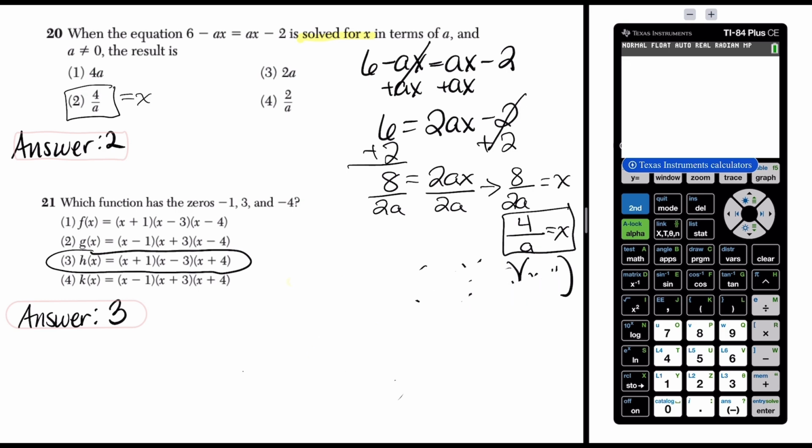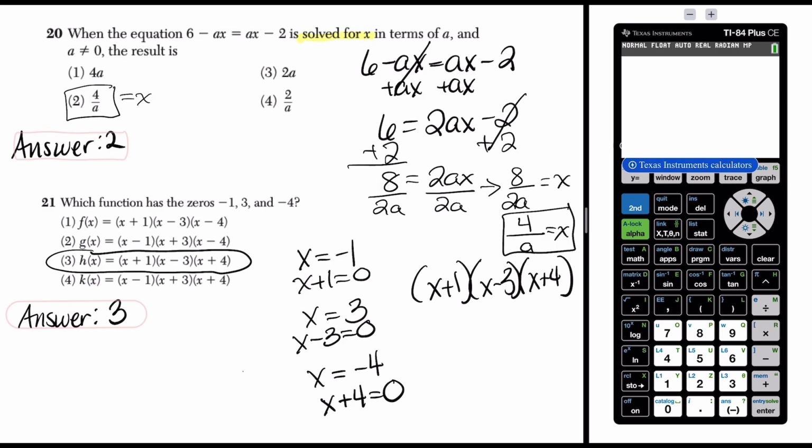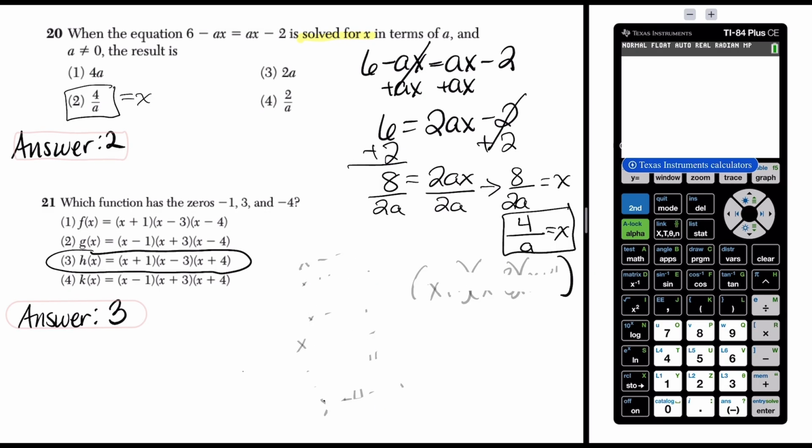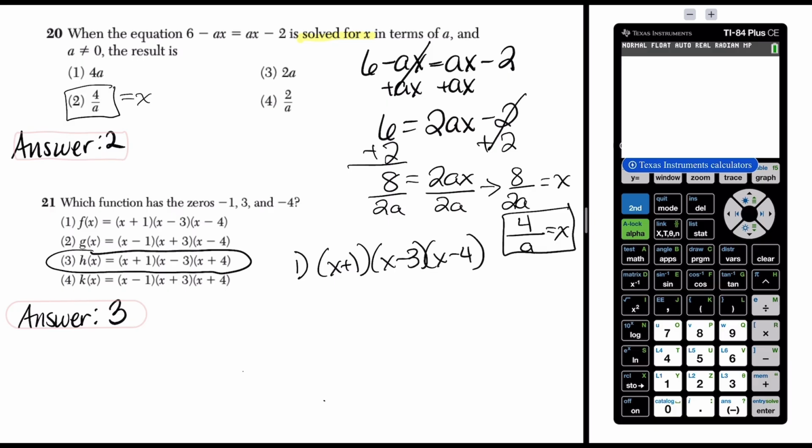Then in this case, you would just go by each one and you can just solve for x. So for example, I would just take the first one and I have x plus 1, x minus 3, and x minus 4, and you can set them all to 0.